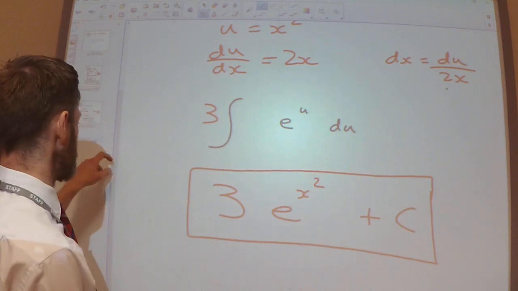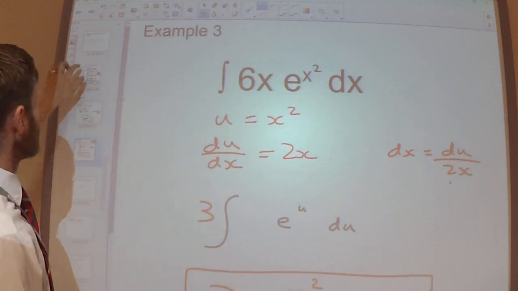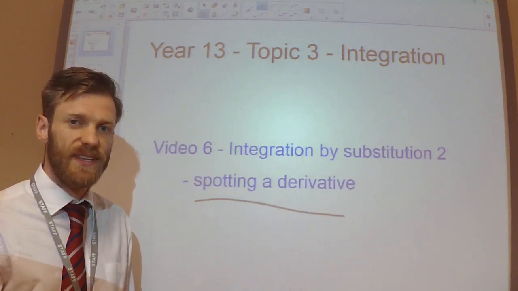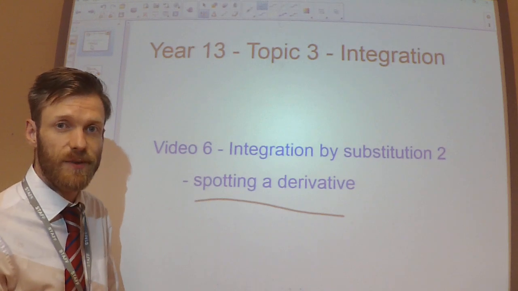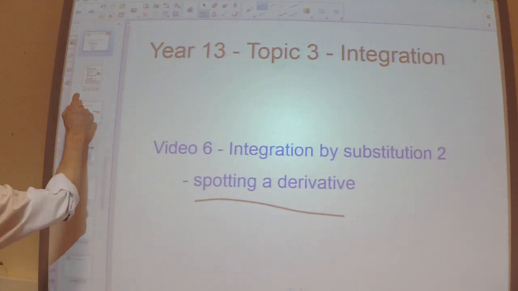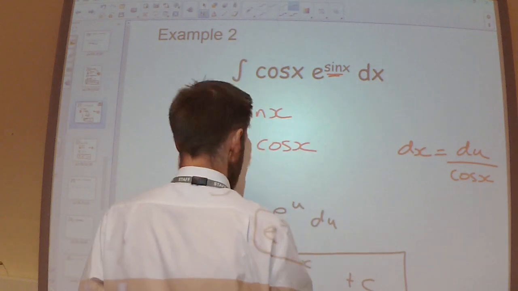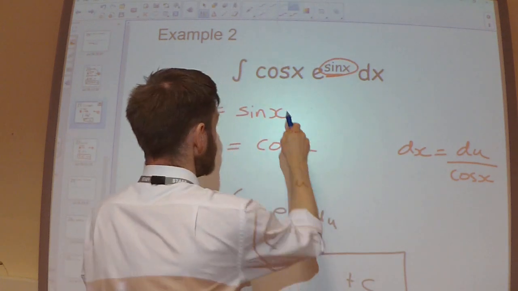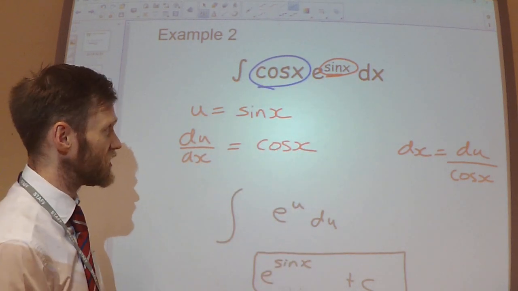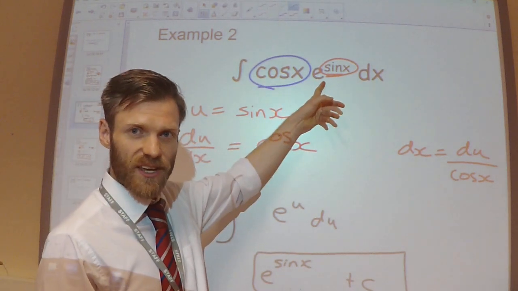So, you might have spotted the pattern of each of these examples. You can see I've named this spotting a derivative. Because in each of these cases, you can actually do these questions pretty simply if you can spot at the beginning that there is a derivative involved. For example here, if you can spot that when you differentiate the sine function here, you get the cos function, then what you can do is just think, well, let me just integrate this function, like the exponential function, like I normally would.